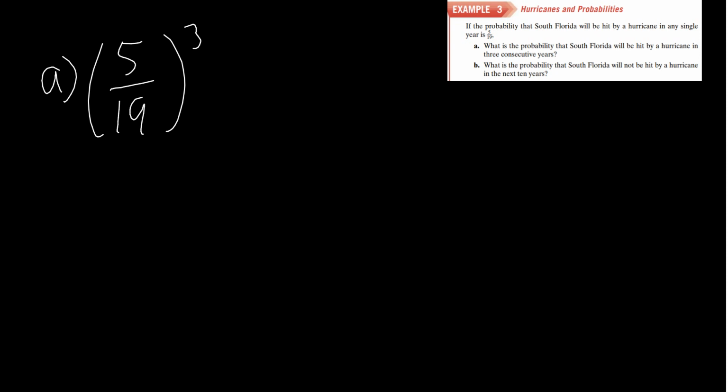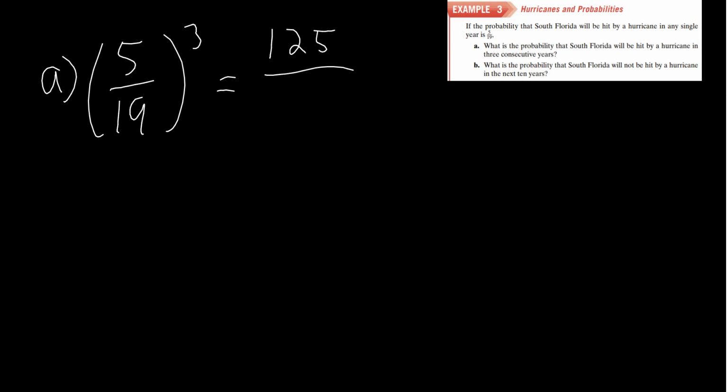Okay, and 5/19 cubed is going to be 125 over 6859. I'm doing this separately because otherwise my calculator will do the problem by itself.